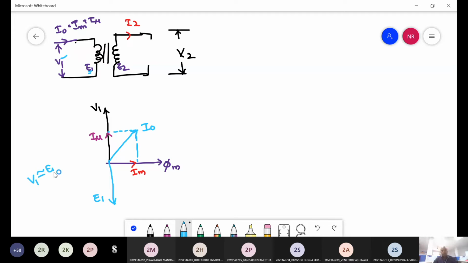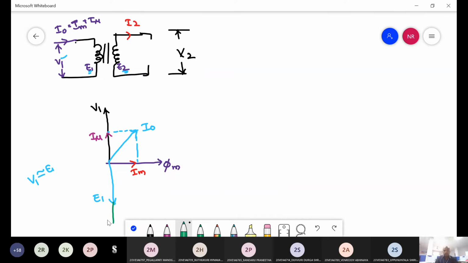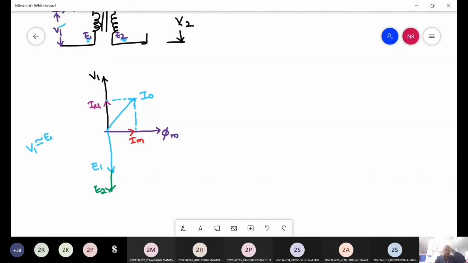In an ideal transformer, V1 is exactly equal to E1, but in a practical transformer, it is almost equal. Then E2 is also in phase with E1. It also opposes the supply voltage. So where do we have to draw that? Here it is E2. Right, this is the transformer under no load.